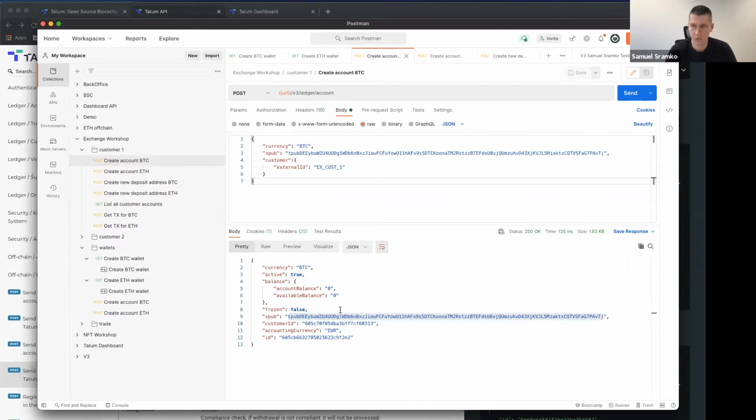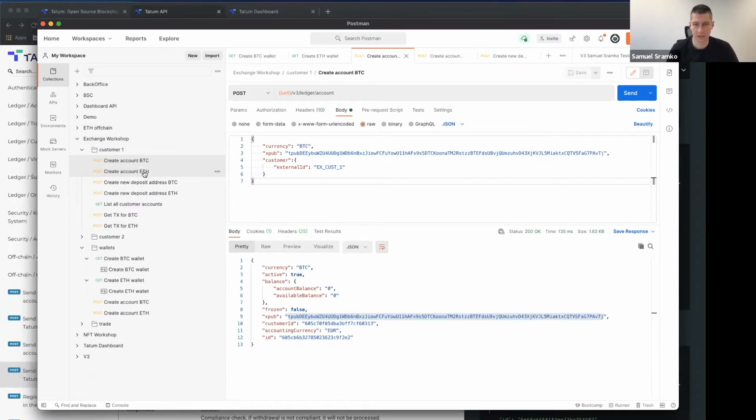So you don't have to do anything with the blockchain. You just create an account, you assign an address, and you will automatically receive the incoming blockchain assets. So as an exchange, there is no blockchain scanning or anything like that. Everything is done automatically, and the balance is increased every time a blockchain transaction arrives to the user accounts.